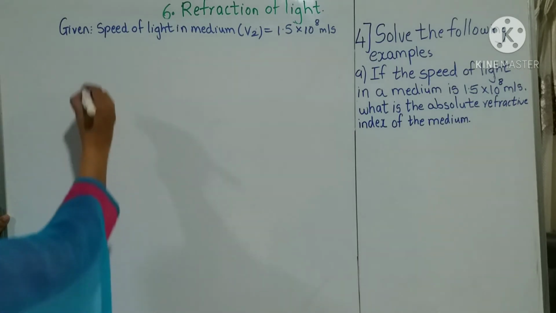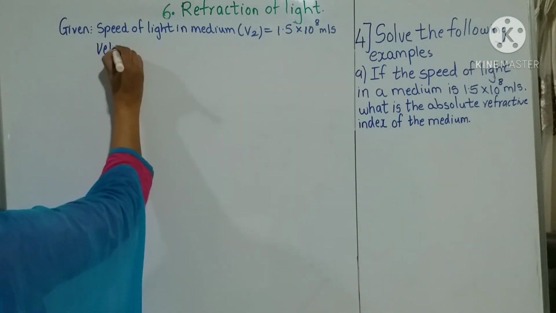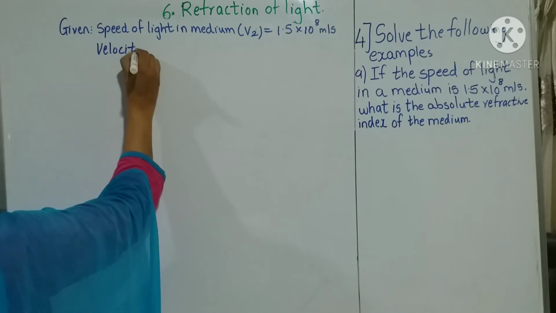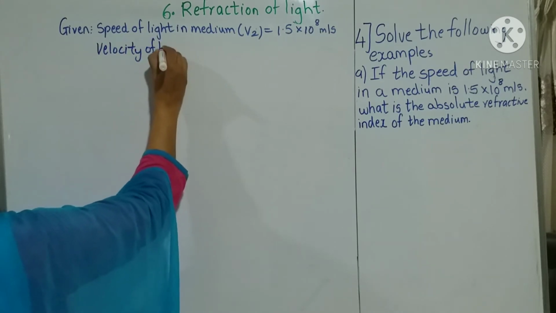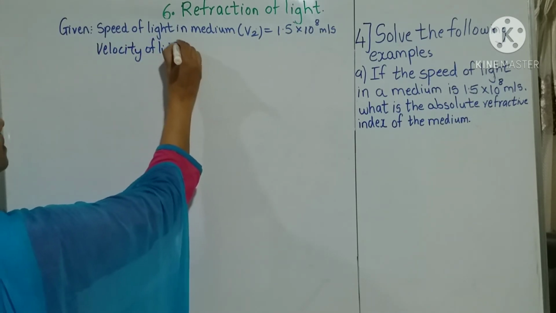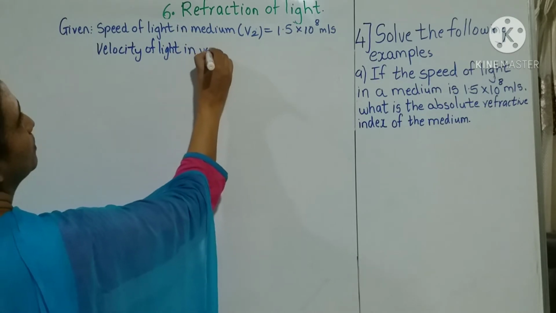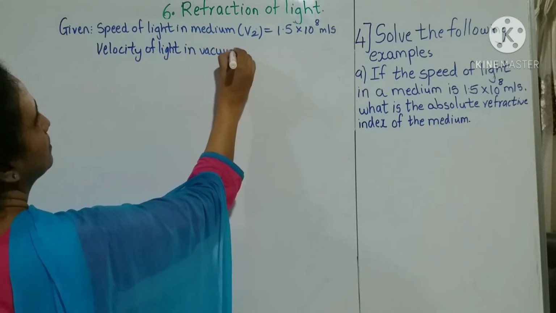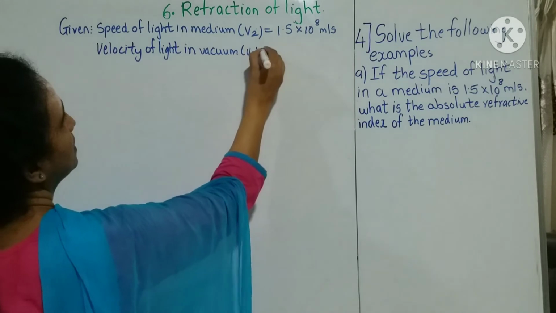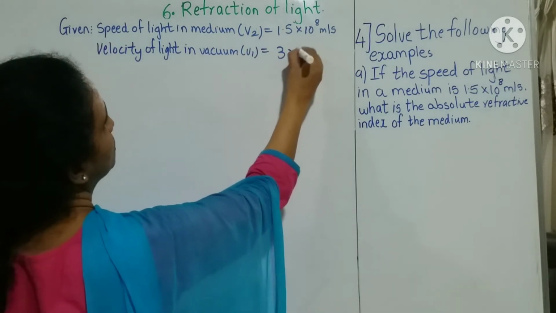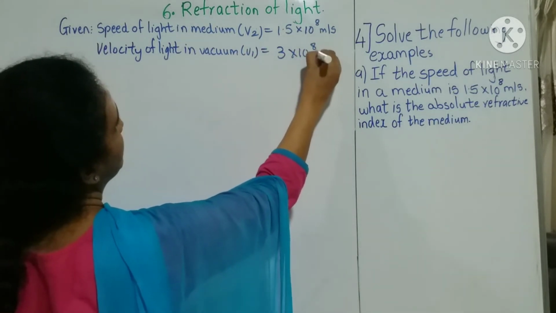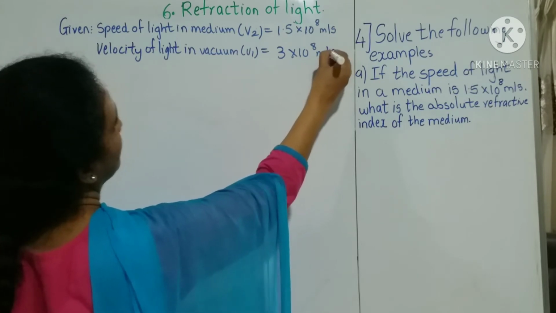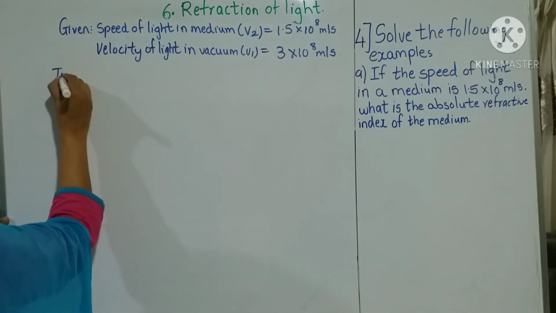Velocity of light in vacuum, that is V1, is equal to 3 into 10 raised to 8 meter per second. What we are going to find over here?